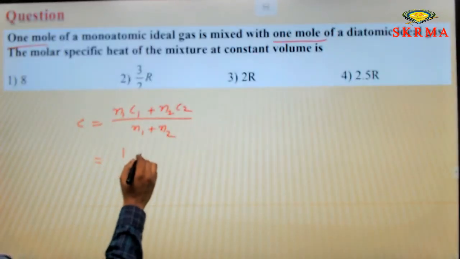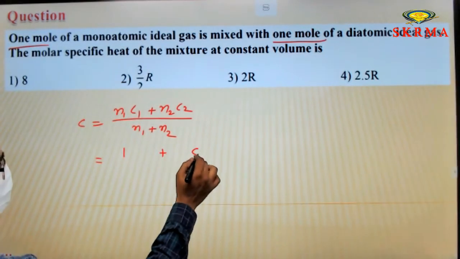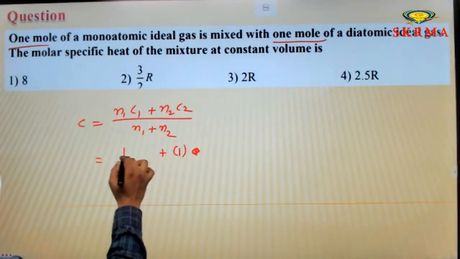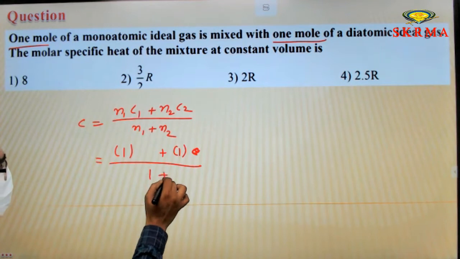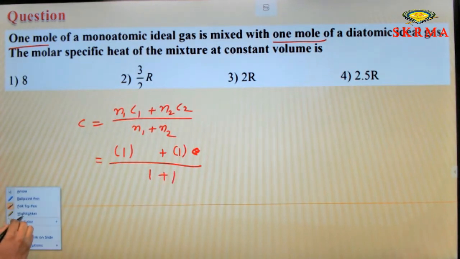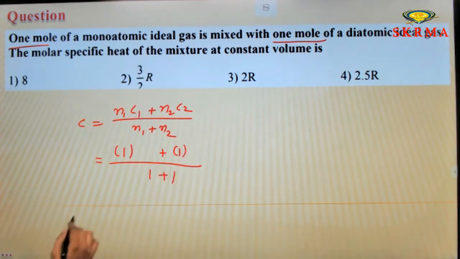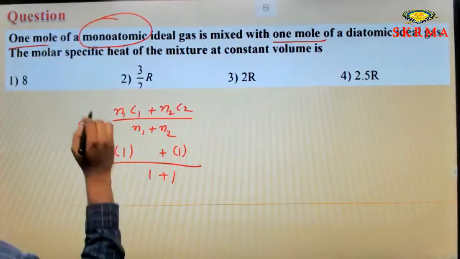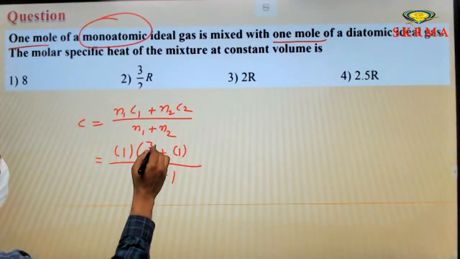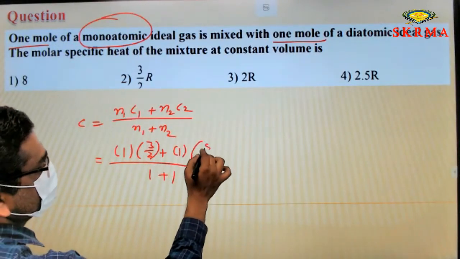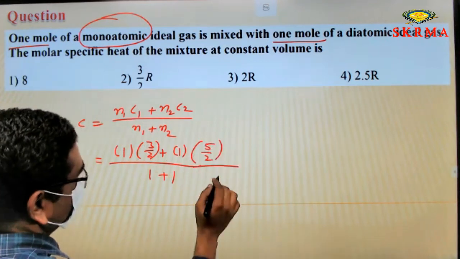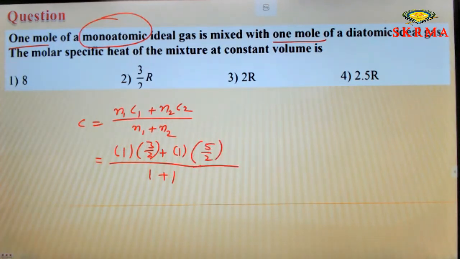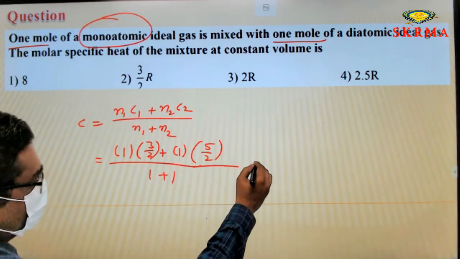So 1 into C1 plus 1 into C2 by 1 plus 1. So what about C1 and C2? Specific heat at constant volume. Monoatomic gas means 3 by 2 R. Next one is diatomic gas, 5 by 2 R.